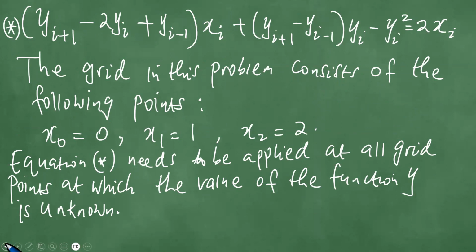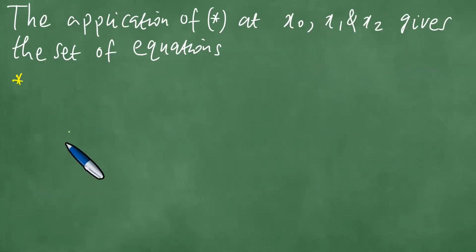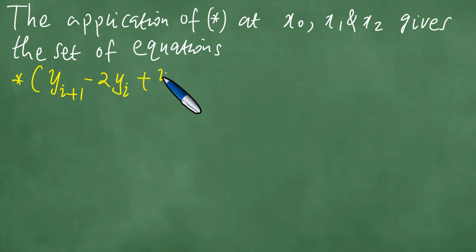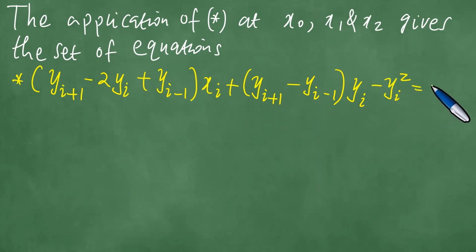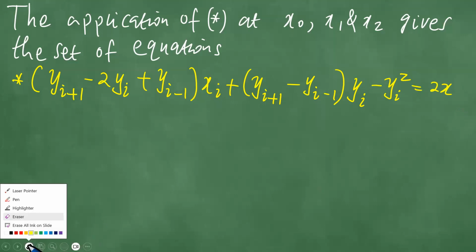So we'll take this equation star and write it now, and the equation star is yi plus 1 minus 2 yi plus yi minus 1 over xi, plus yi plus 1 minus yi minus 1 over yi squared equals xi. So we continue.